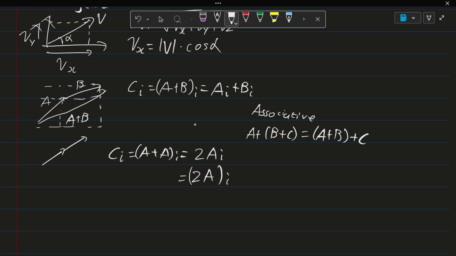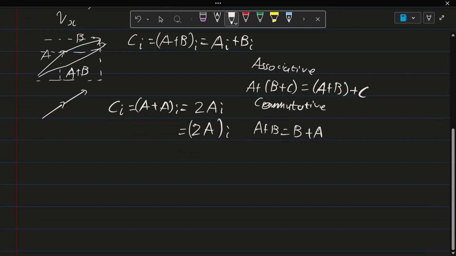It is also commutative, which means that a plus b is the same thing as b plus a. So what we know is that if you add up two different vectors, you would always get a vector. If you multiply a scalar by a vector, or technically a vector by a scalar, it results in another vector.